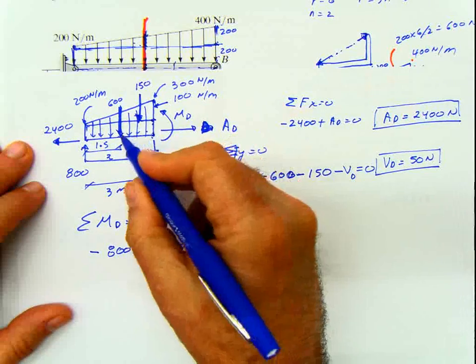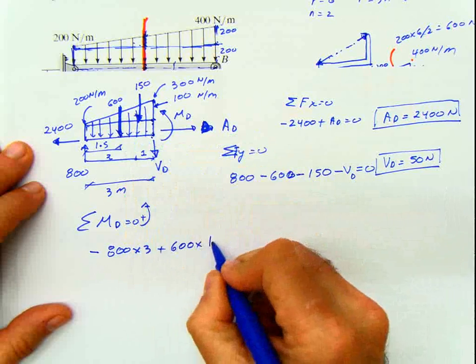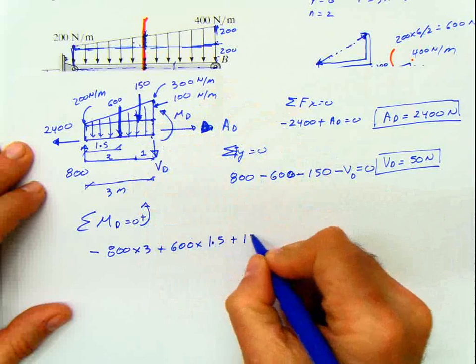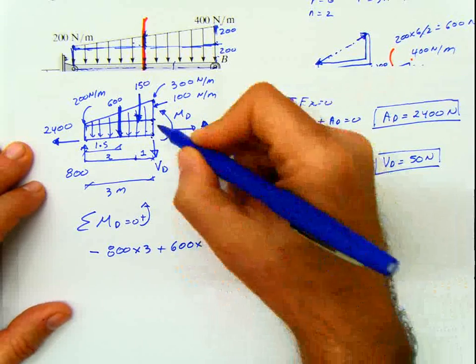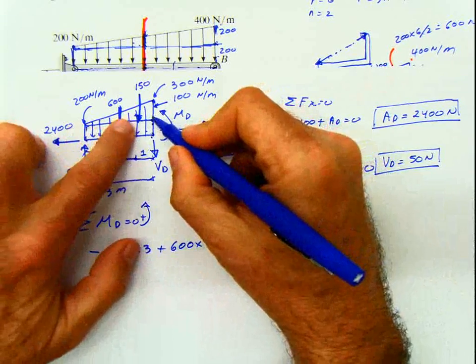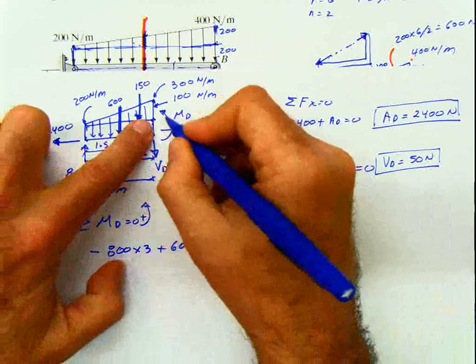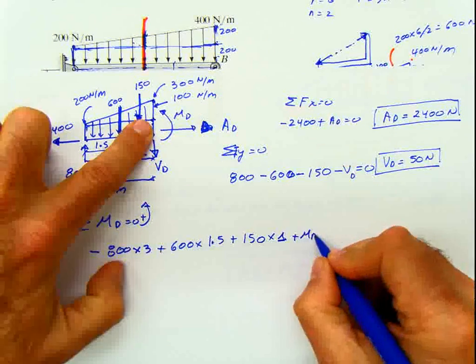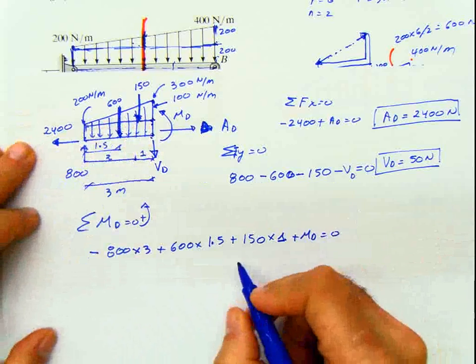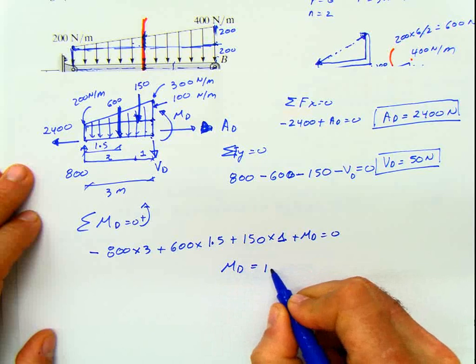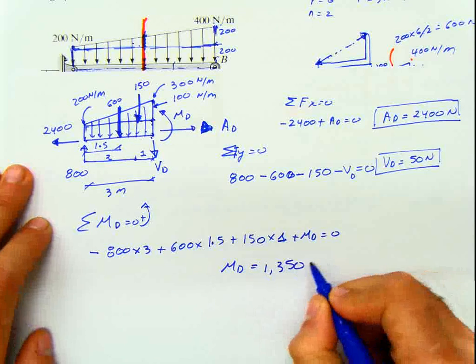The distance from here to here is 1.5, plus again 150 multiplied by the distance from here to here, which is 1, plus the moment at D. And that gives us a value for moment at D of 1,350 Newton meter.